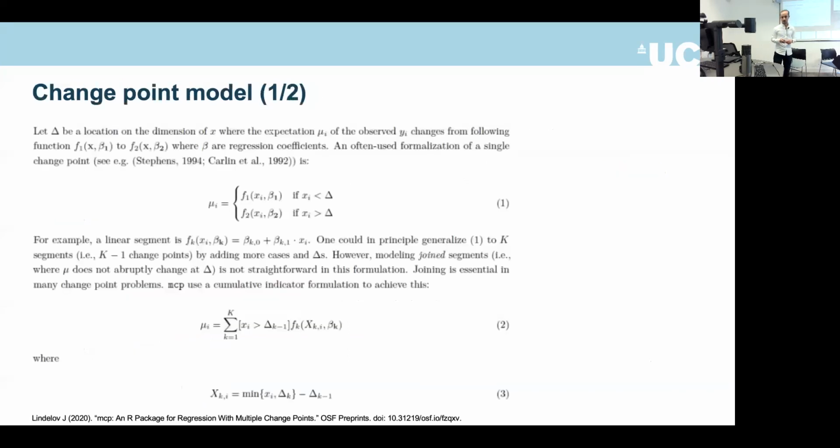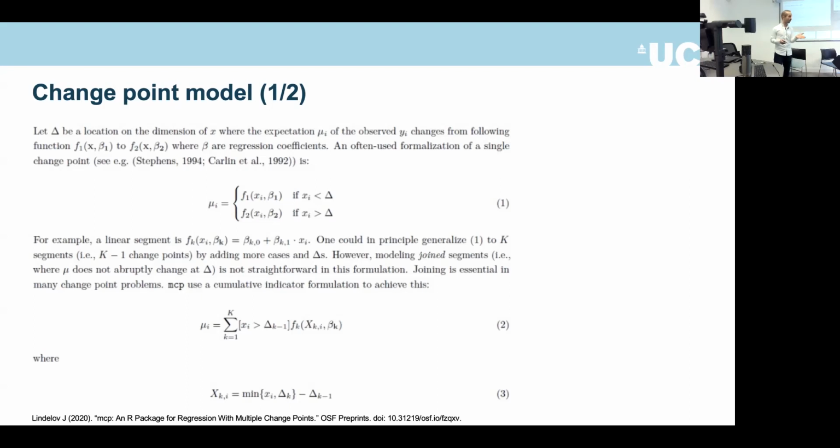So for those who are not familiar with change point models, here is how I specify it. We've got a change point, and the mean of the observations as a function of the covariates, and the coefficients vary depending on the position of your covariates, whether it is prior to or after the change point.